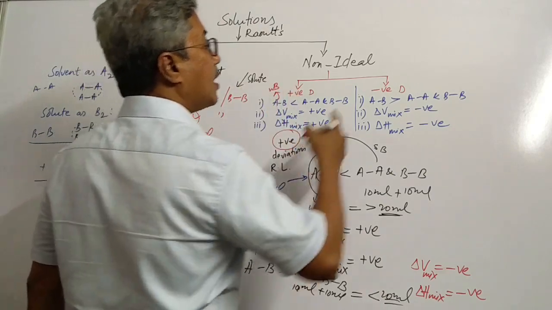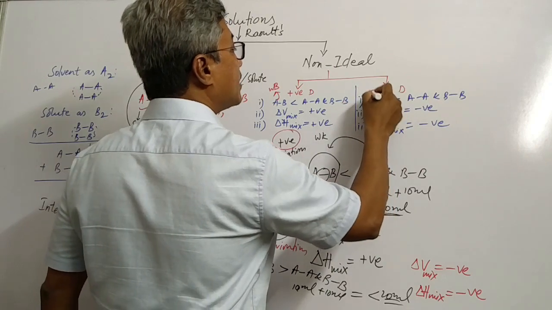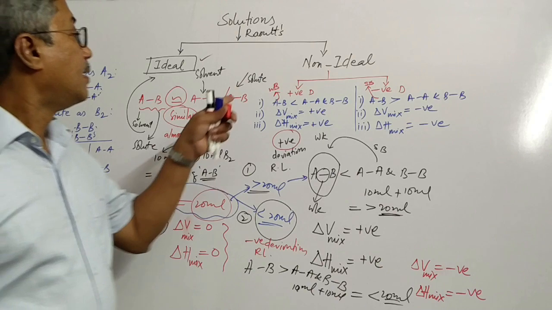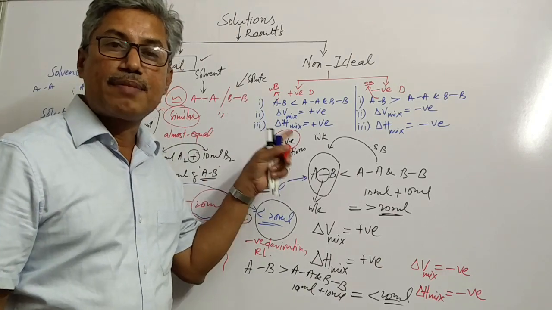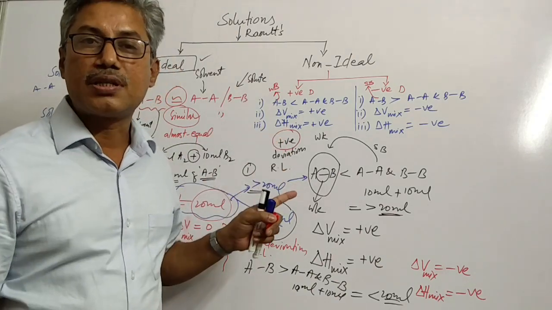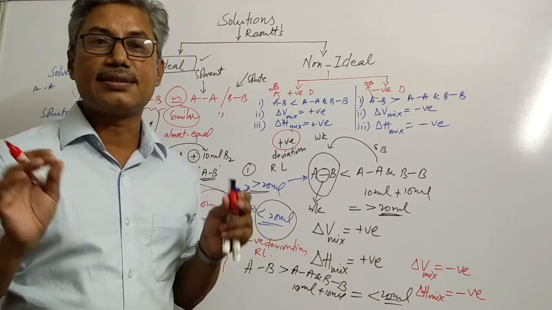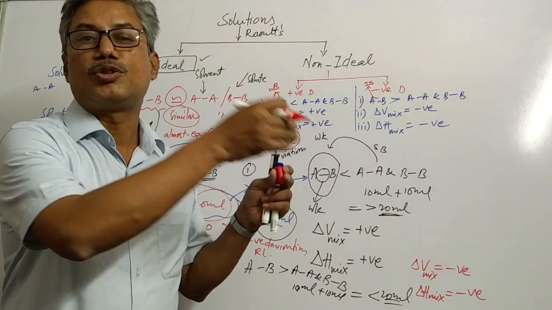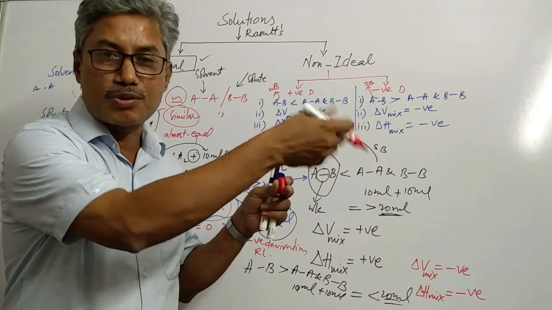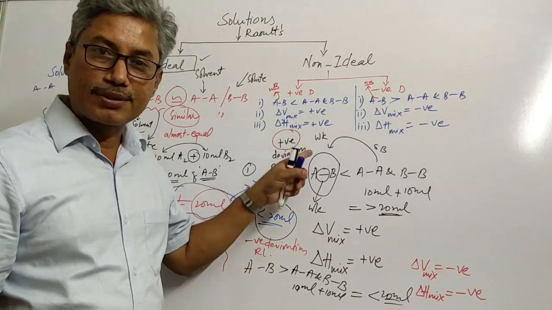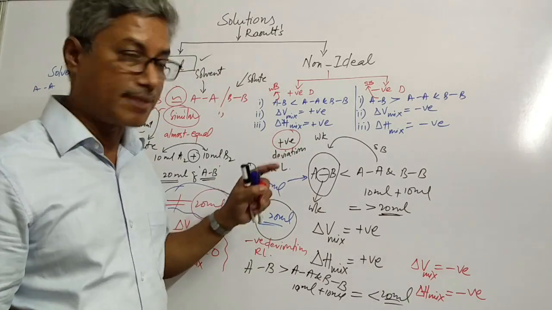And in negative deviation, these are strong bonding. Okay. Non-ideal solution having positive deviation means the solution in which solute-solvent interaction is weaker than the solvent-solvent and solute-solute interaction. There, delta V mixing is positive, delta H mixing is also positive. It's not 0, it's positive.